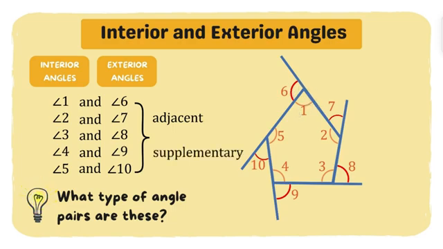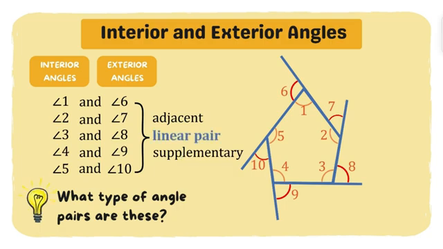Okay. Yes, they are also supplementary. Ibig sabihin, they create a straight line. If you add them together, they will form a 180-degree angle. Now, if we have these two characteristics, both of them, they are both adjacent and supplementary. Anong tawag na sa kanila?